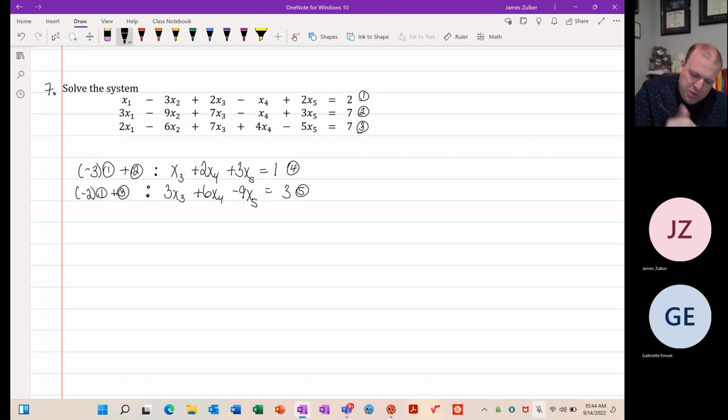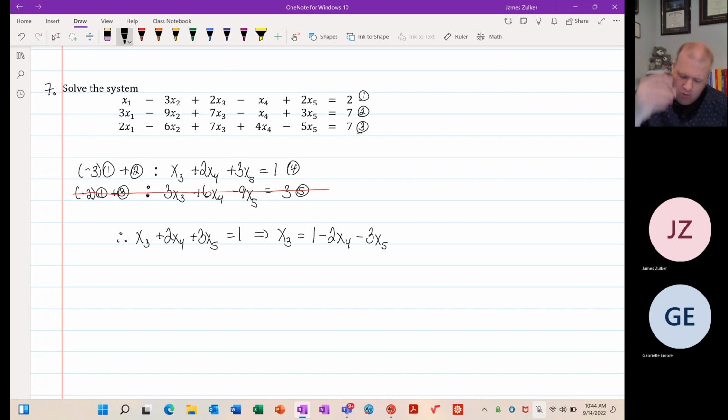Now notice that 5 is a multiple of 4, right? Which means it's redundant. We can just get rid of it. Well, we just wrote x3 in terms of x4 and x5, right?